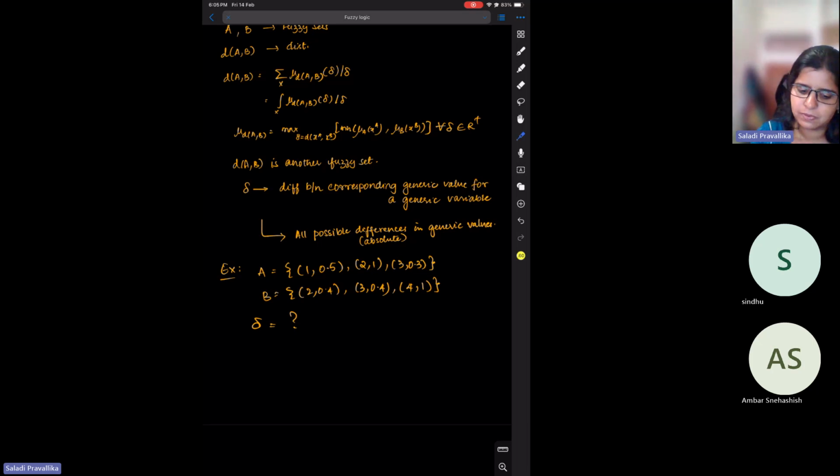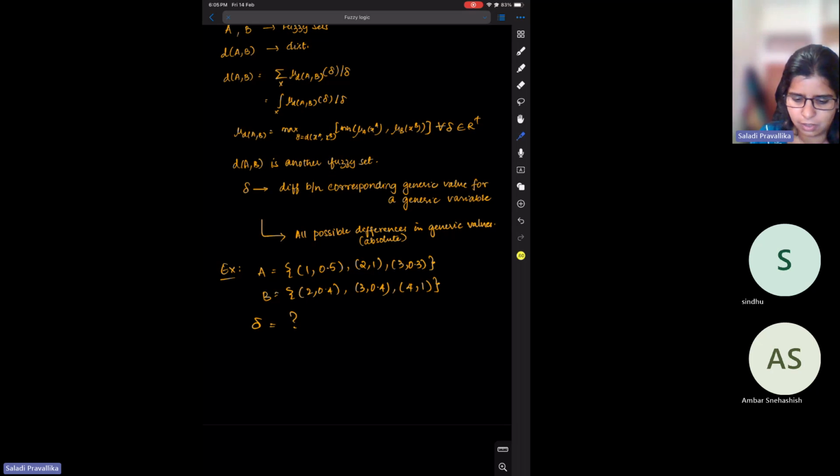What you do is first you take the membership function value with respect to A, and one membership function value with respect to B. Note that the x values of A and B are not necessarily going to be equal. You take the membership values and then you take the minimum of those two.